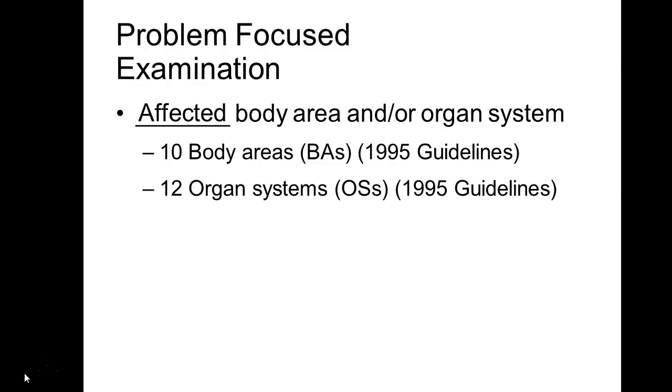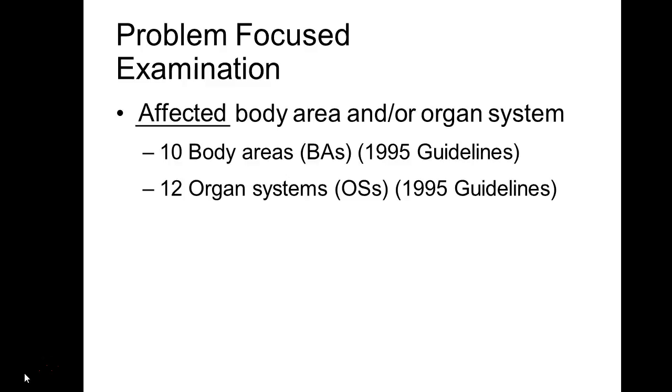So when it comes to the examination, this is the physical examination that we're doing. We have 10 body areas and 12 organ systems. On the bottom of page 9, going up to the top of page 10 in your guidelines, we have our body areas and our organ systems.